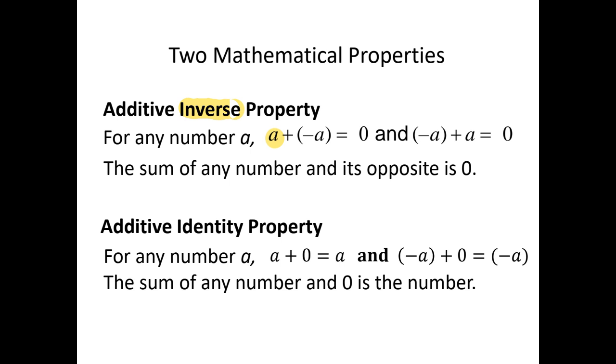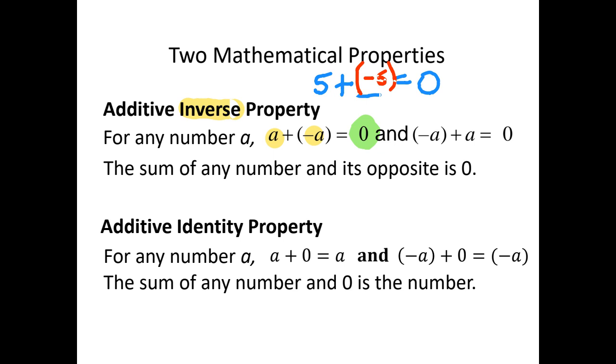And the key is that it's going to equal 0. For example, if I have 5 plus blank equals 0, what is that number in the blank? It is going to be -5.